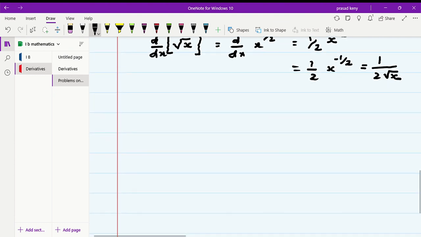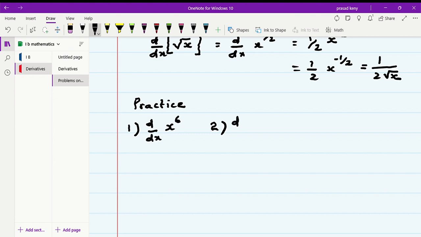So you can practice this on the following functions. Write the derivatives of d by dx of x to power 6, then d by dx of 1 upon x square.